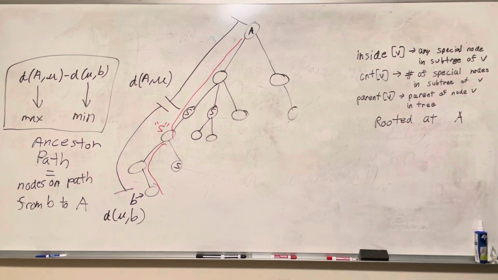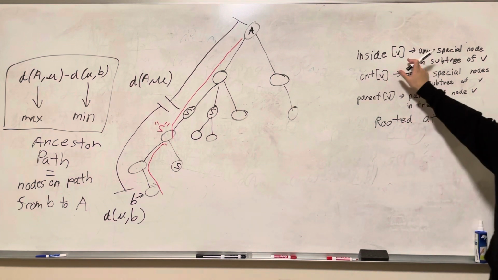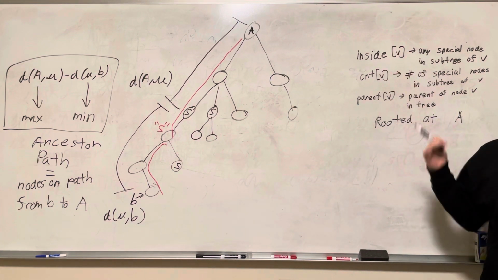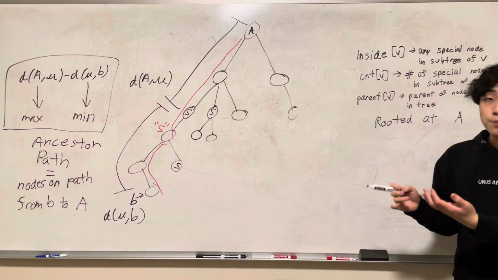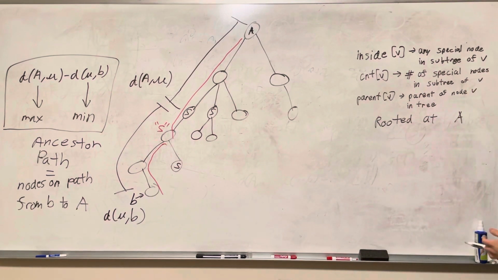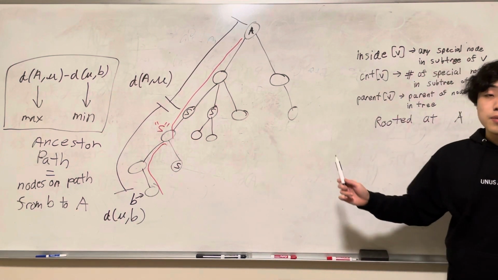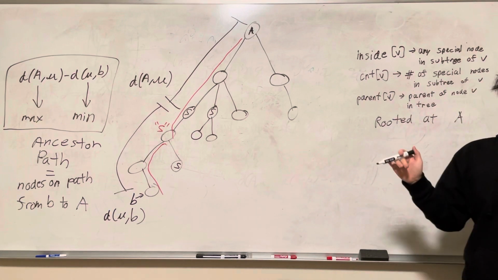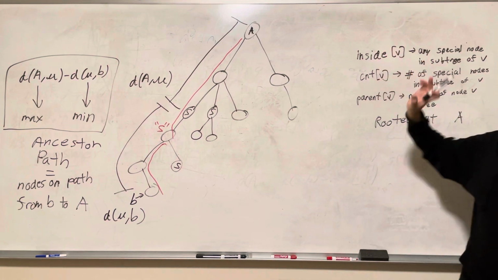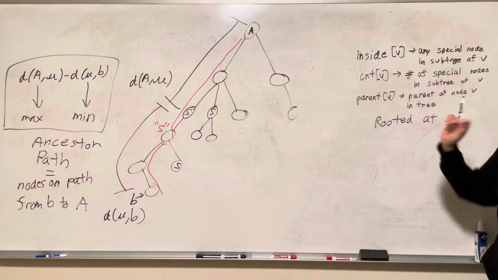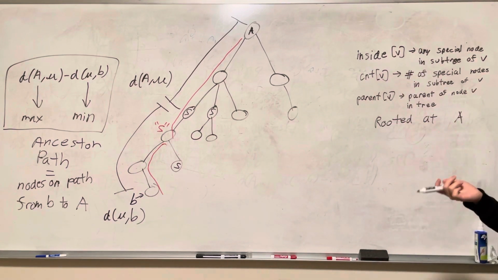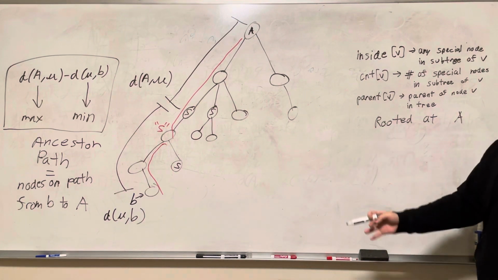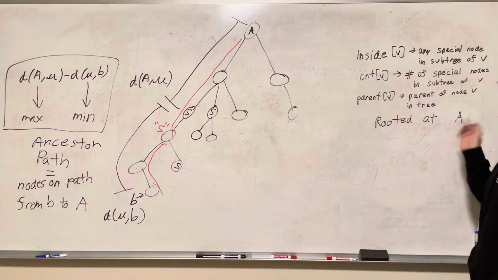Inside of V can also be done in a very similar way, where if V itself is a special node, then inside of V is just equal to V. And if V is not a special node, then we need to check all of its children and then determine whether any of its children has a node inside of the subtree, in which case we can just set V to that same child, and then that's also a valid choice of a special node. And then parent is just maintained through this DFS.